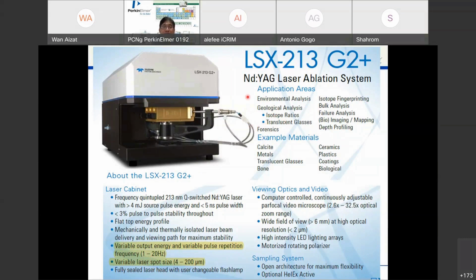With laser ablation of solid samples, apart from geological samples, you can do clinical samples like hair. Without sample prep, you can shoot the hair to be analyzed. Laser ablation is good because any form can be analyzed. But the disadvantage of the laser that we would like to share is that it must be matrix matched.